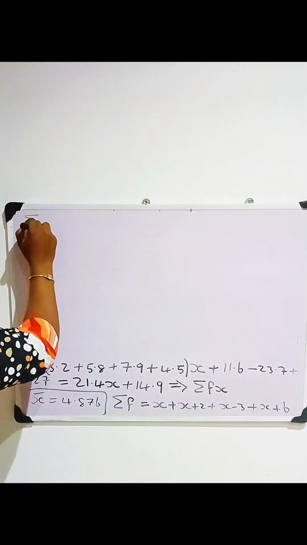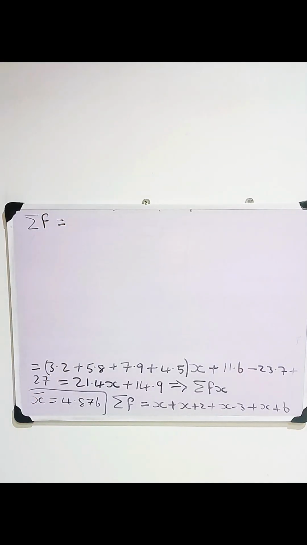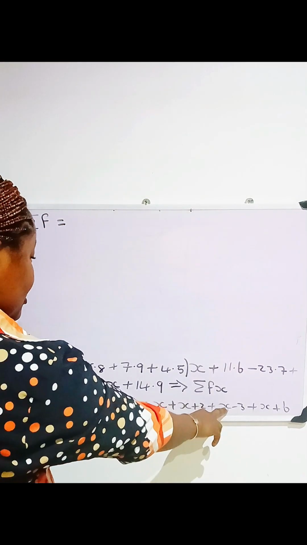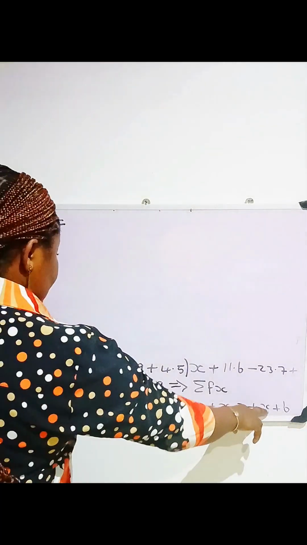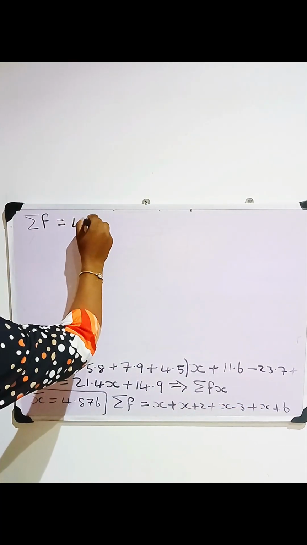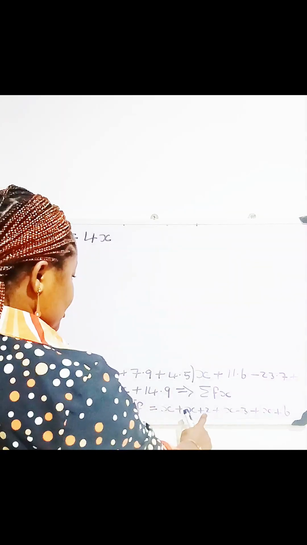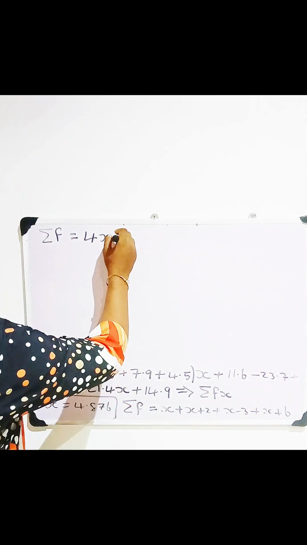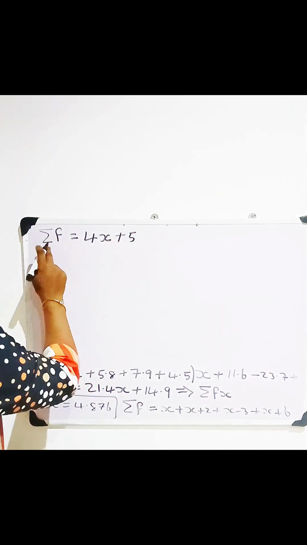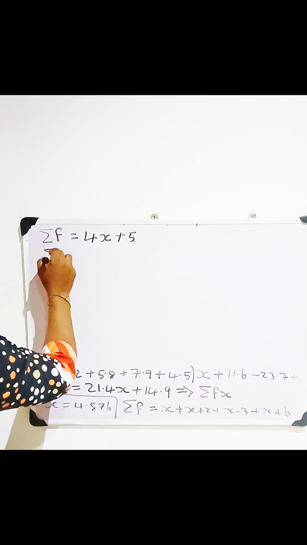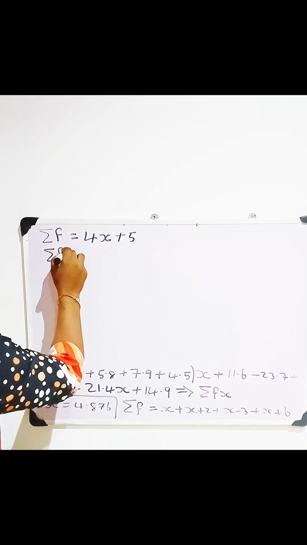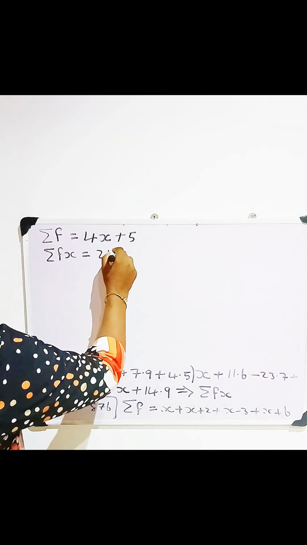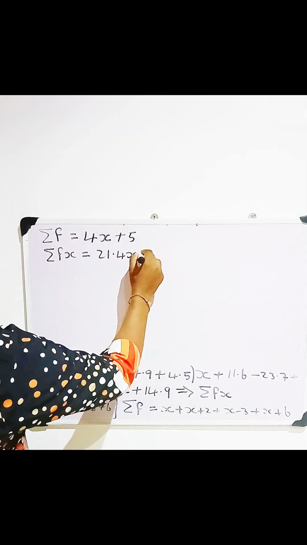We do the same like terms: the x terms give us 4x, and then minus 3 plus 2 plus 6 gives us plus 5. So our sum of f is 4x plus 5. We also remember that our sum of fx is 21.4x plus 14.9.